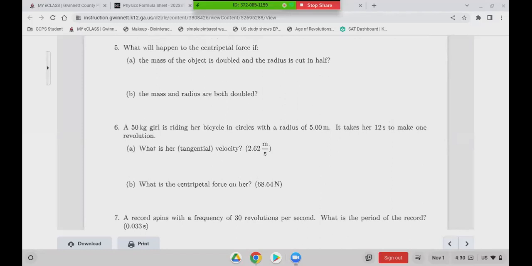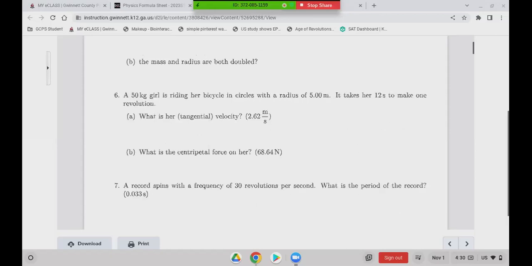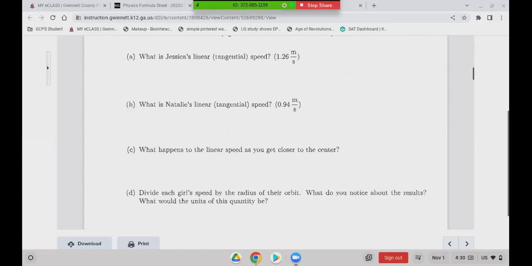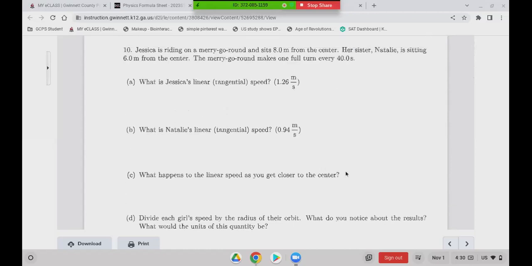Yes. Okay, so let's screenshot 5 and 6, and then number 10. Yes.